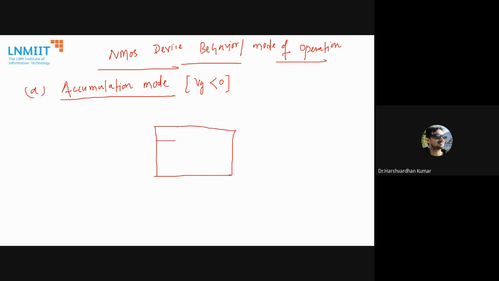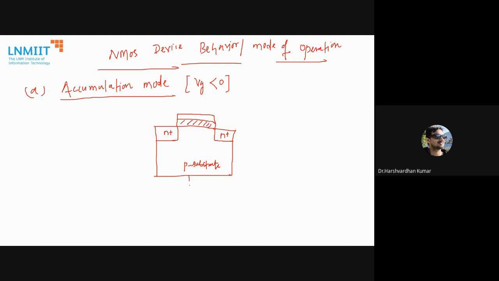So here there will be an N plus region, and here there will also be an N plus region. This is the P substrate, right? This will be silicon dioxide here, and here it will be a gate contact.